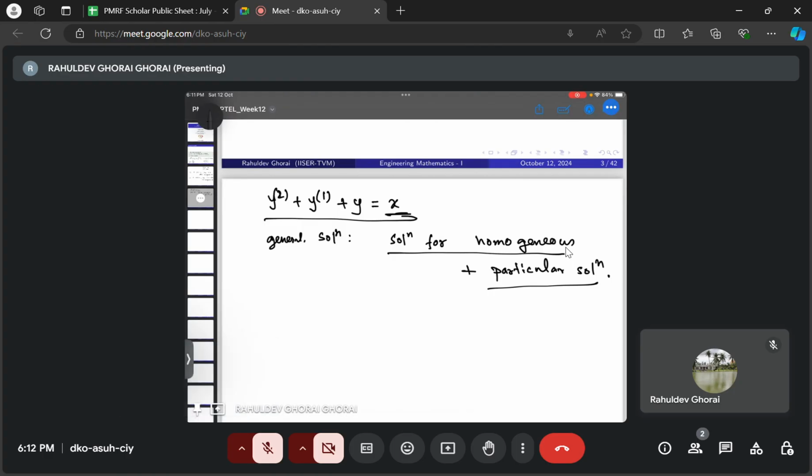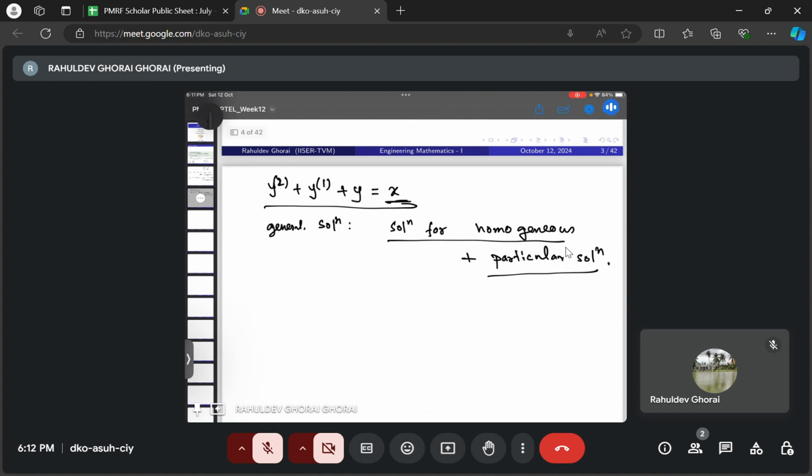So let's discuss now how you derive the solution for the homogeneous equation. Let's say for this one, you have y'' meaning the derivative of y twice, and this is once, and then y is equal to 0.